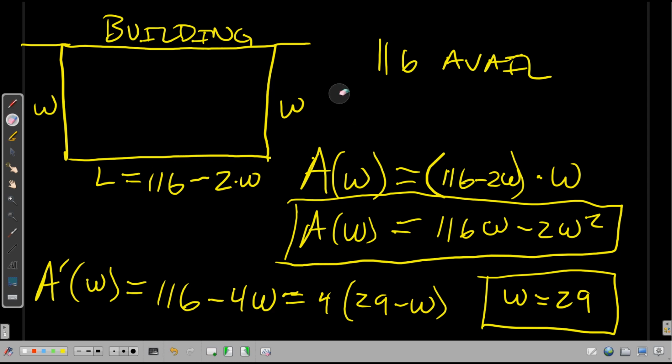Let me say it like this. If w were to collapse all the way down to 0, then we would no longer have an area.